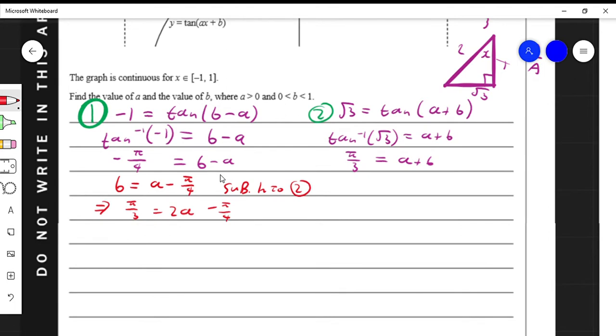So we're just replacing the B in equation 2 with the B we found here. And then we can bring the pi over 4 to the other side, and we're going to divide by 2. So really this just gives us A equals a half of pi on 4 plus pi on 3. We get to some really gross arithmetic here. So this is 3 plus 4 is 7 on 12, 7 pi on 12 times a half. So A is 7 pi on 24.